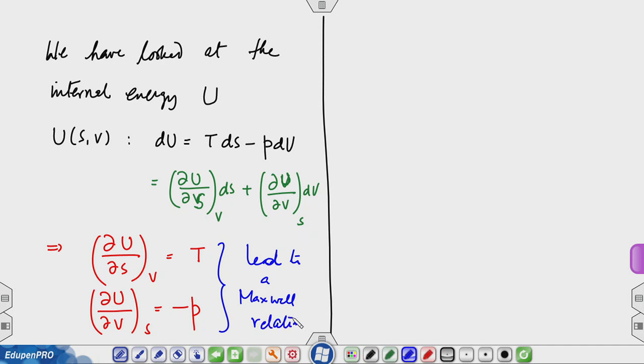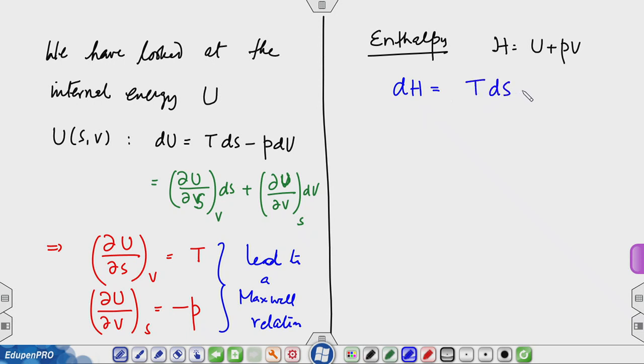Similarly, we define the enthalpy, which is another thermodynamic function or potential, where H was defined as U plus pressure times the volume, and dH then came out to be T dS plus V dP.